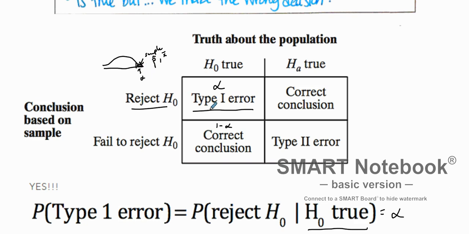That would be a type 1 error. And what is that probability? Whatever alpha is. The rest of it is where we'll be correct. So we're saying it falls in this region, but we just made an error. That is type 1 error.